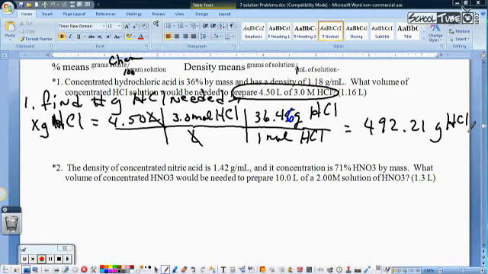The question asks, what volume of concentrated HCl? Now, is this the concentrated HCl? No, it's not. This right here is concentrated, different color. Concentrated HCl is 36 percent by mass and has a density of 1.18. That's the concentrated stuff. That 4.5 is a weaker version of a hydrochloric acid.